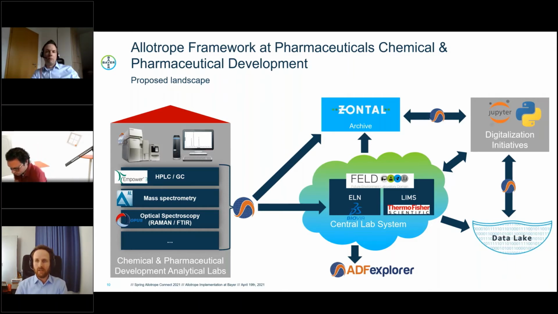That could mean extracting results out of files and storing them, for example, on the experiment base in some ELN documents, but also storing and attaching real ADF files to entries in the LIMS. So that is our central platform, and we want to have both the whole ADF and also the information out of the ADF files. Then, for example in a review, we want to be able to see our files and results without going into the source system.